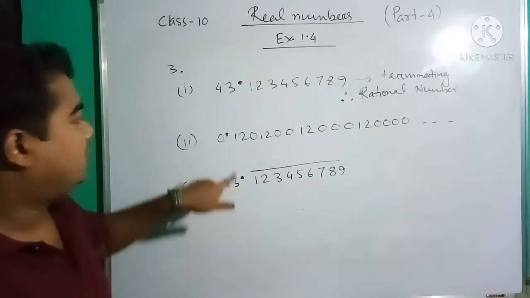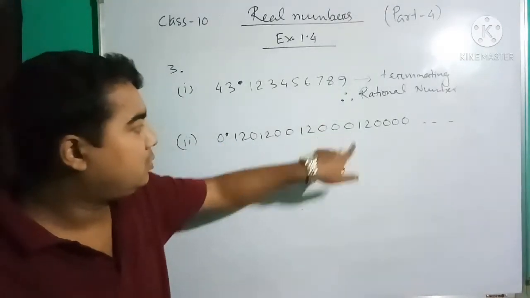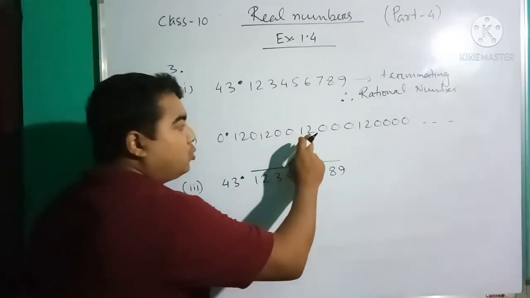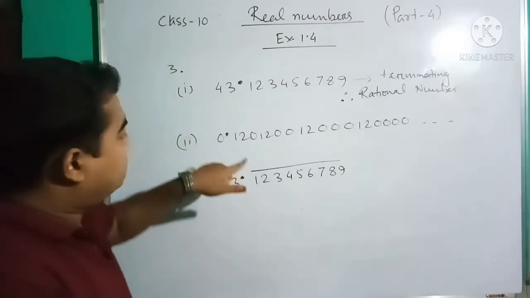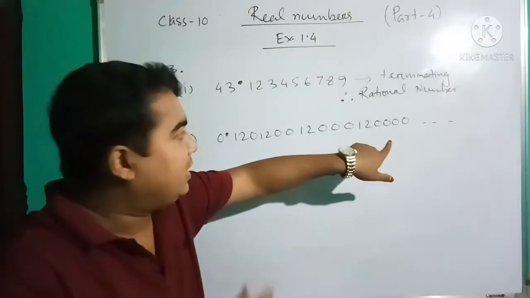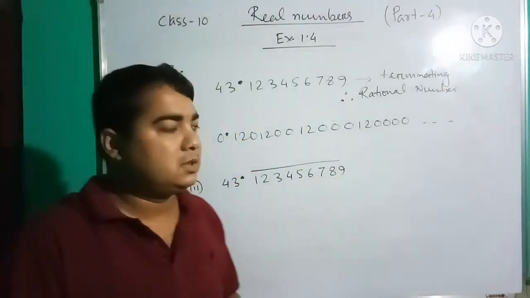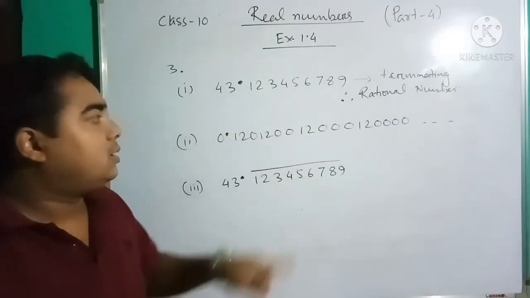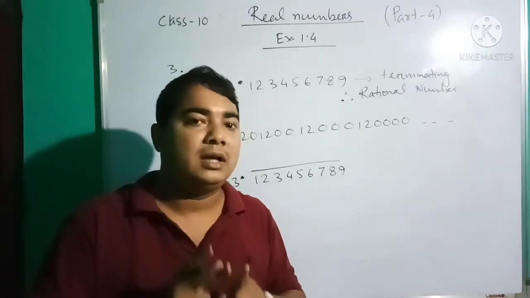Now Roman number 2. See, 0.120, 1200, 12000. That means 120 is not repeating. So its decimal expansion is non-terminating but non-repeating. So for Roman number 2, this question's decimal expansion is non-terminating and non-repeating.